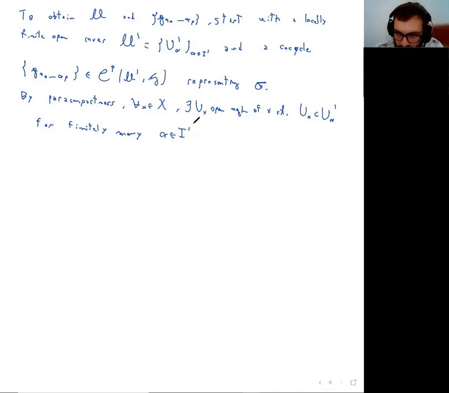Okay, this is just paracompactness. And so x is gonna be in here for only finitely many, because the cover is a locally finite cover.